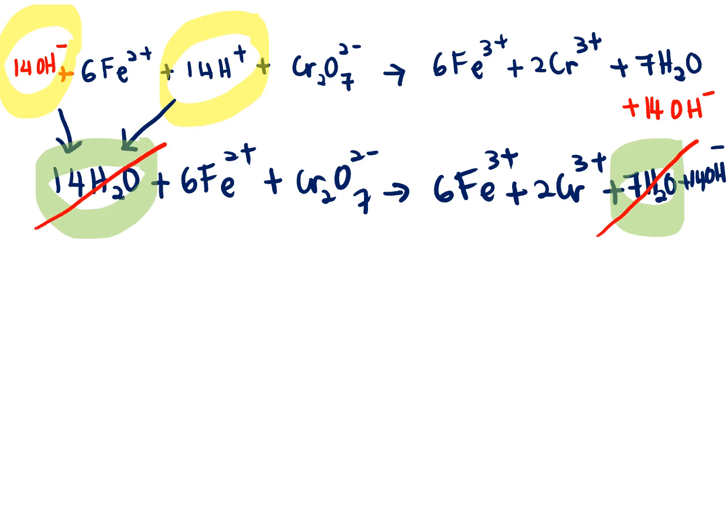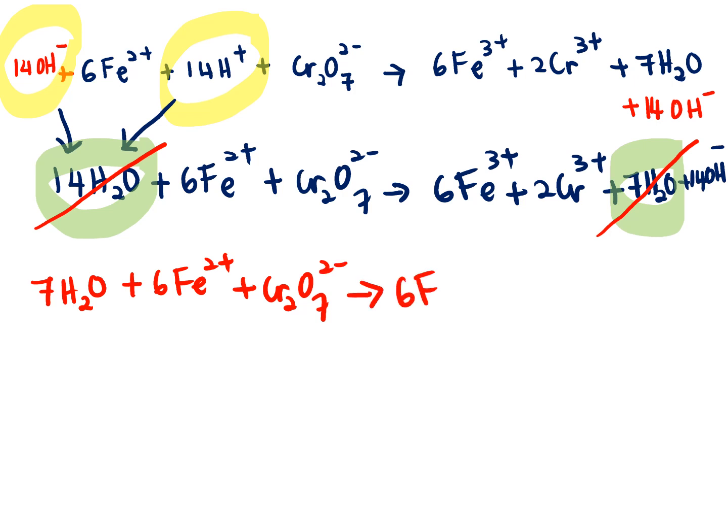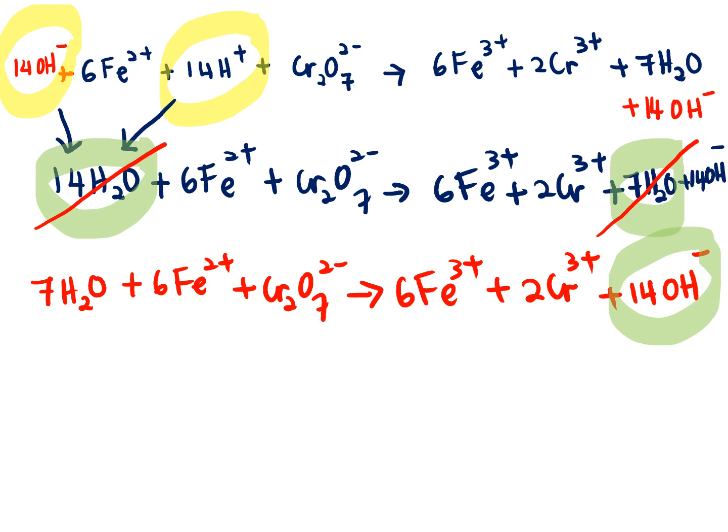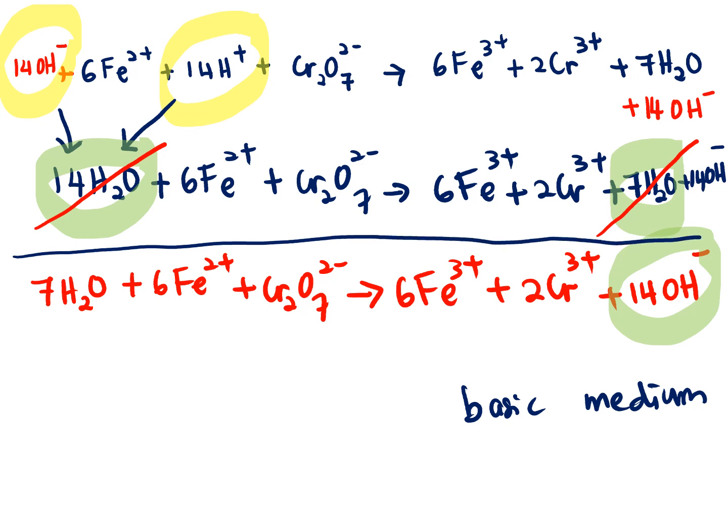So the remaining H2O is 7H2O on the left side plus 6Fe2+ plus Cr2O7 2- produce 6Fe3+ plus 2Cr3+ plus 14OH- ion. So this final equation refers to the basic medium. Kenapa saya tahu dia basic medium? Because dia ada OH- species in this equation. So inilah final equation untuk basic medium.